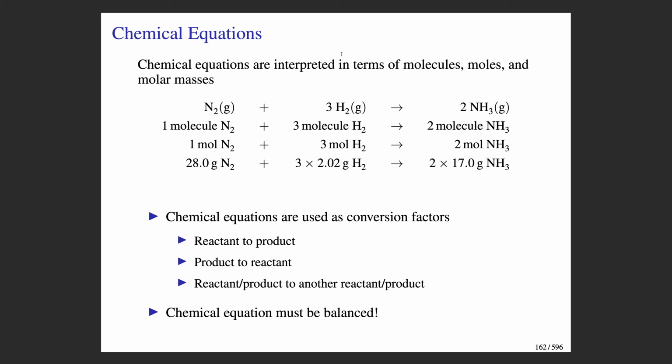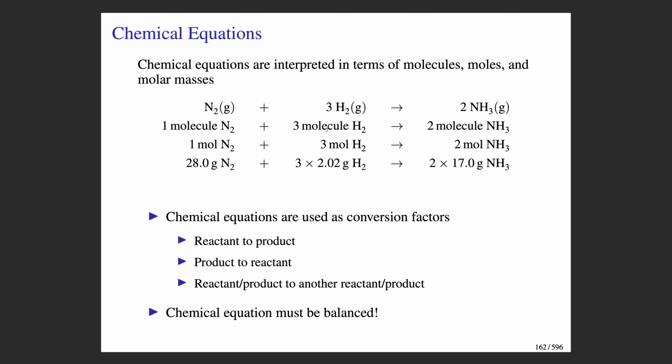You can ask yourself, what amount of nitrogen and or hydrogen do I need in order to make that much ammonia? And you can also convert between reactants. So I can convert from nitrogen to hydrogen, or if I had multiple products, I could convert between two different products. Okay, so these are the types of games that we are going to play in this chapter. This is what stoichiometry is all about.